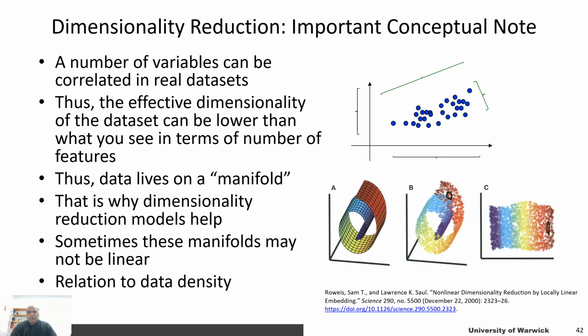And we've seen this when we were talking about these scatter plots. We can see different types of correlations.